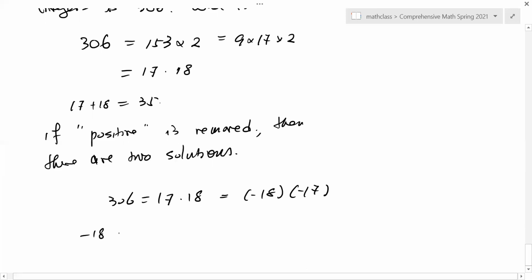So another solution will be negative 35.